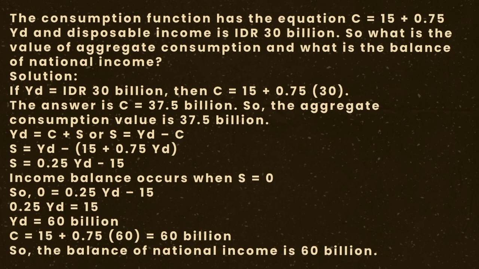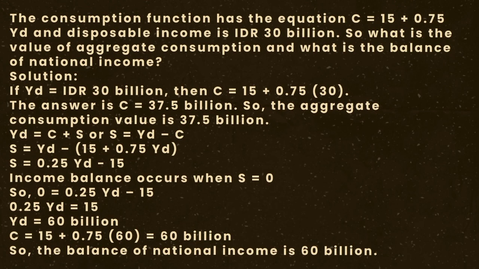Next, YD is C plus S, or S is YD minus C. S is YD minus (15 plus 0.75 YD). S is 0.25 YD minus 15.